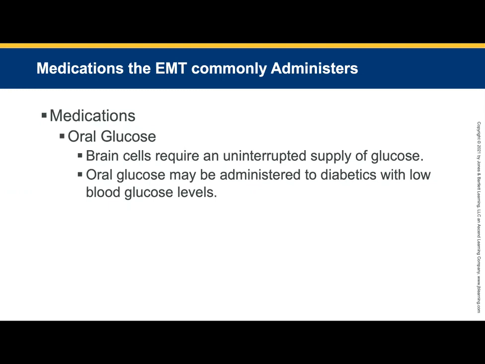But you provide oral glucose. This provides brain cells an uninterrupted supply of glucose. Oral glucose may be administered to diabetics with low CBG levels. Okay, well, you got to know that first. You can't just walk up and be like, whoops, diabetic, giving them an amp of oral glucose.